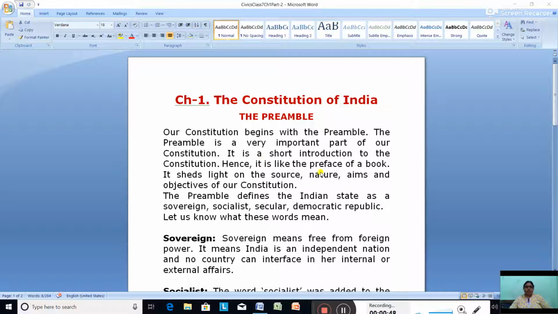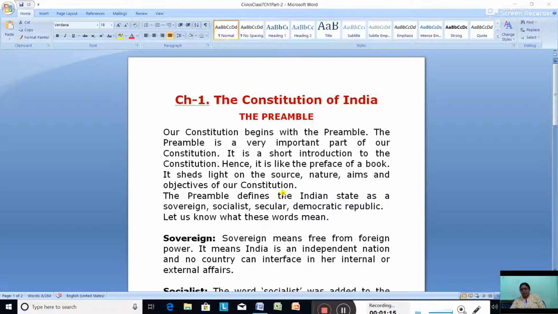It is a short introduction to the constitution, like a preface of a book. It sheds light on the source, nature, aims, and objectives of our constitution.